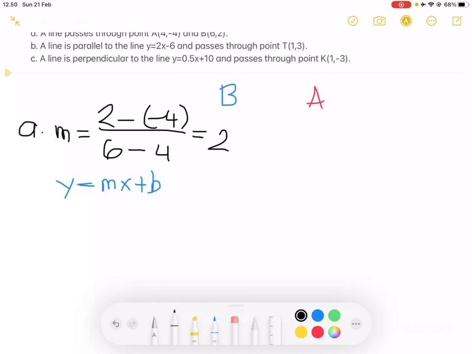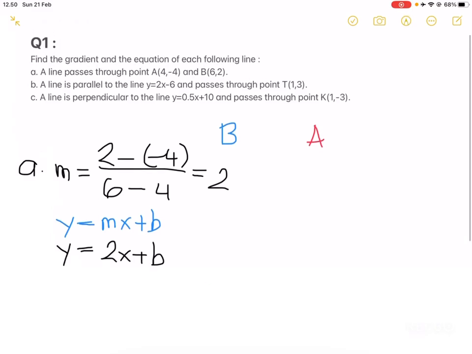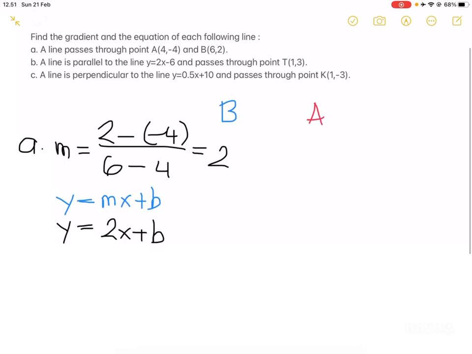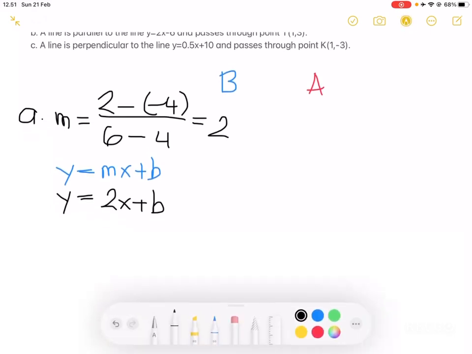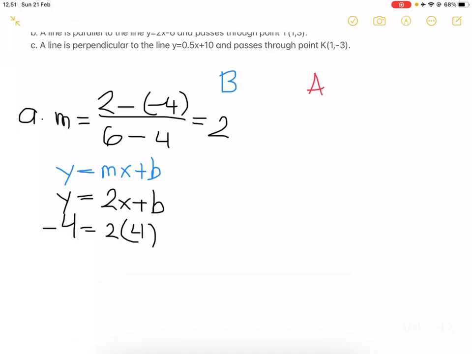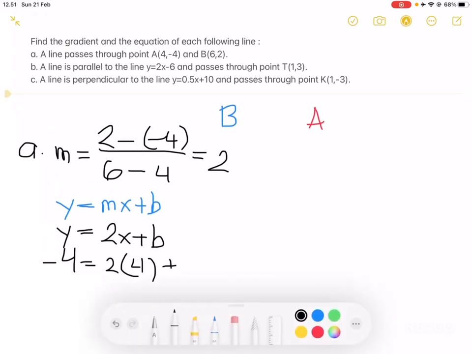So temporarily we have this equation, and to find the y-intercept we can just substitute the coordinates of either point A or point B, but I'm just going to do point A. So the y-coordinate of A is -4, and the x-coordinate of A is 4, plus b.